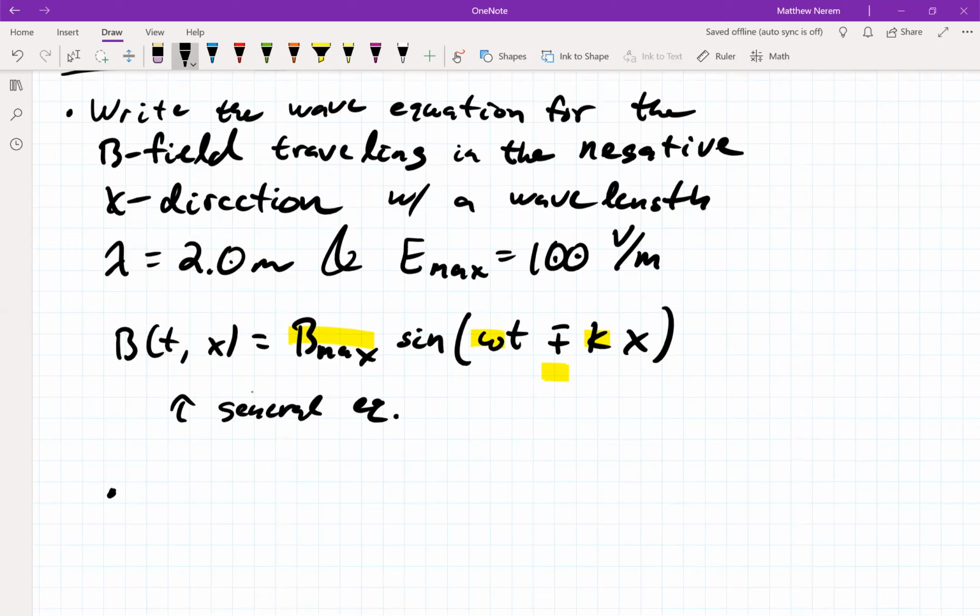Let's just go left to right. B max. You might recall there's a relationship for electromagnetic waves. This must be true: E equals cB.